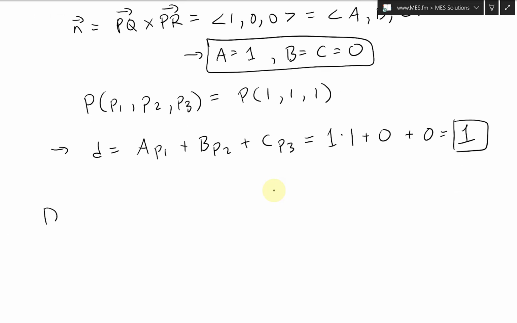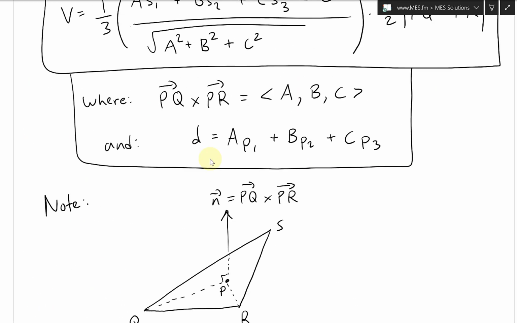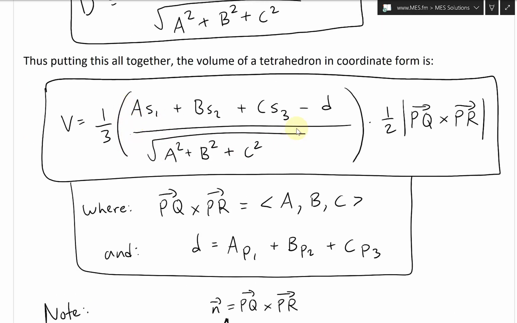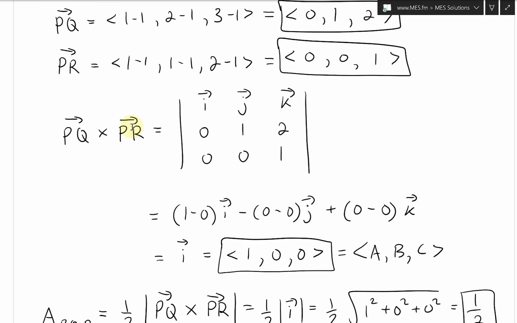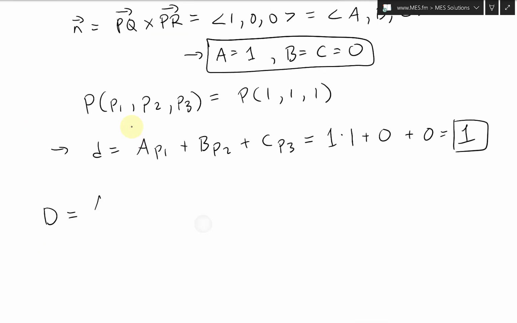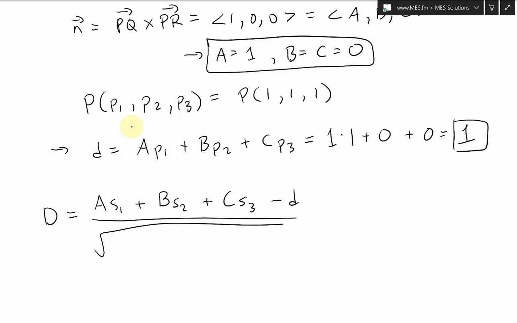So in other words, we'll have this right here. The distance d is equal to, that distance is just this whole part right here, and we already know what d is. So let's just write that all down. A S1 plus B S2 plus C S3 minus D, divided by the square root of A squared plus B squared plus C squared.